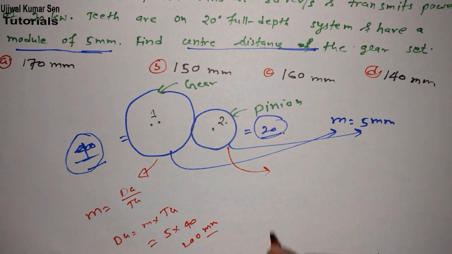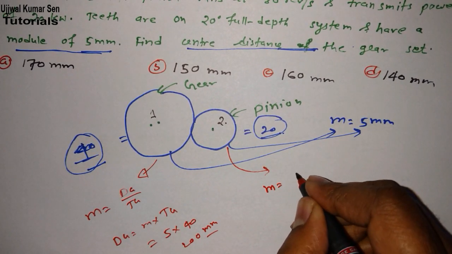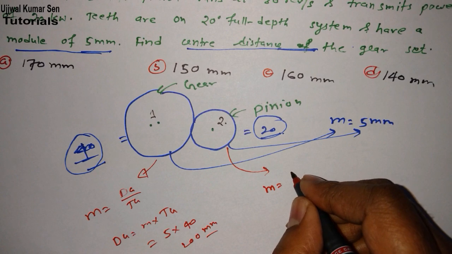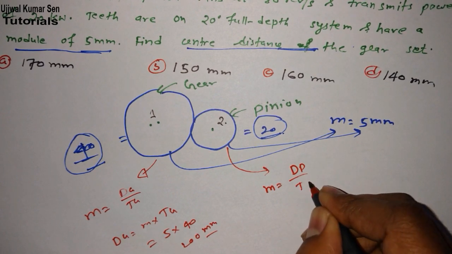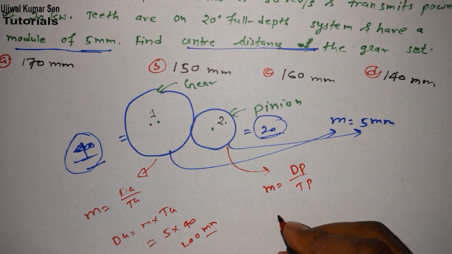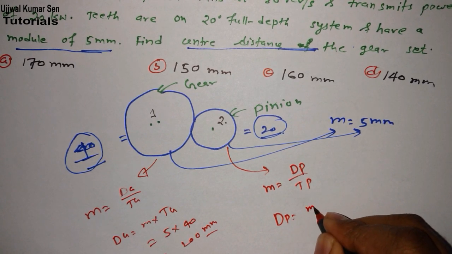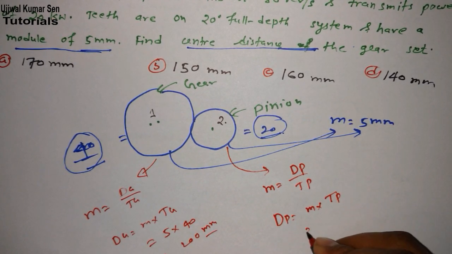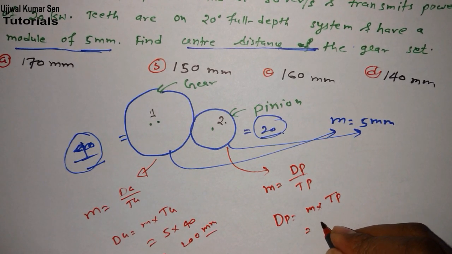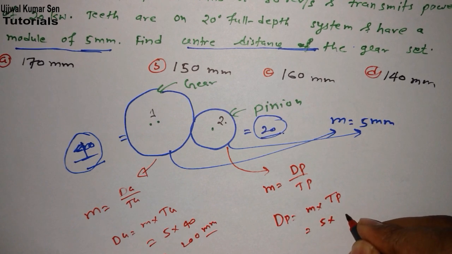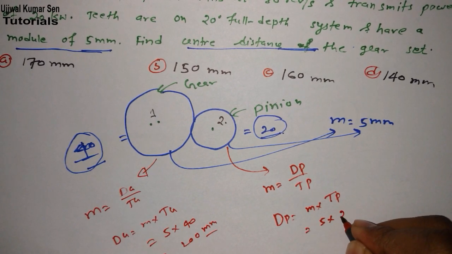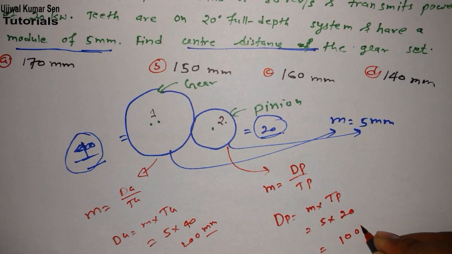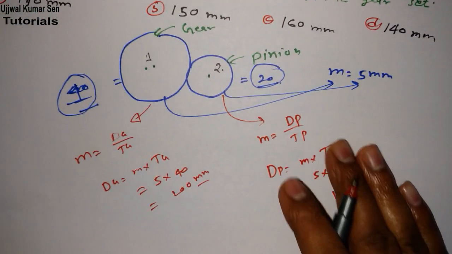Now let's find the diameter of the pinion. Again we'll write the formula because most probably you are a beginner. m is equal to dp by tp. Therefore the diameter of the pinion is m multiplied by the number of teeth of the pinion. m is 5, the number of teeth of the pinion is 20. Therefore it's 100 mm. Got it?